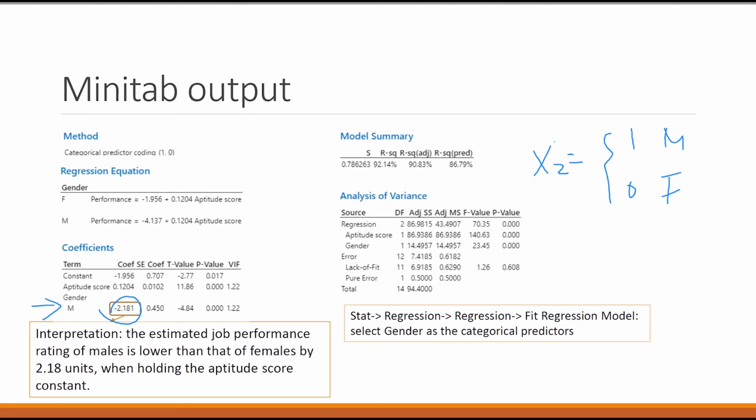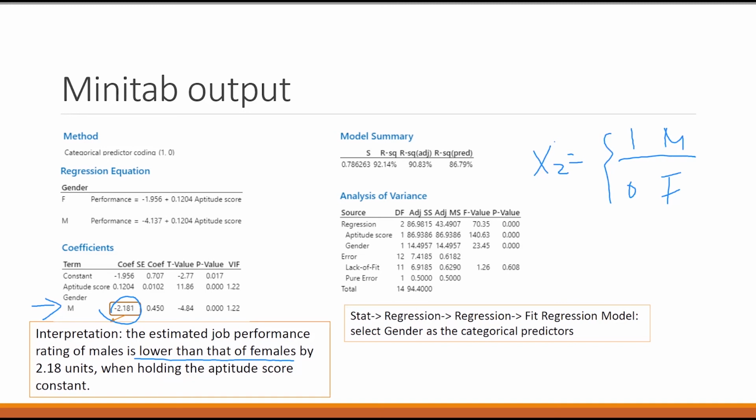Well, since the dummy variable represents male and the coefficient is negative, that in general means male's performance is worse or less than female's performance. Okay, since it's negative. So again, since the dummy variable represents male and the coefficient is negative, that tells us the male's performance is less than the female's performance.